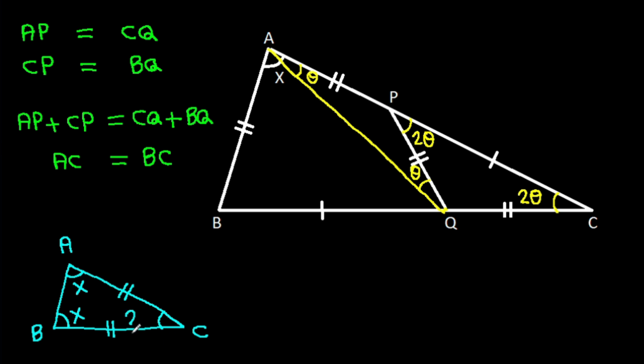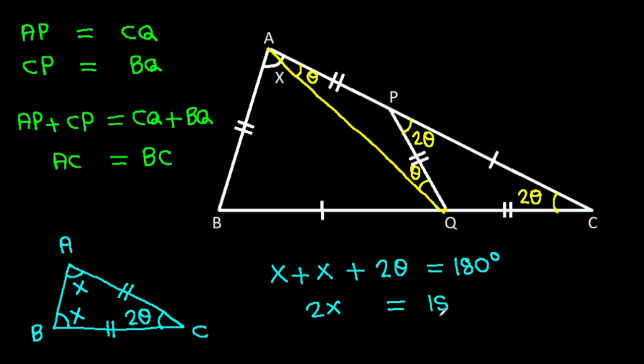And this angle is 2 theta. So X plus 2 theta will be 180 degrees. And 2x will be 180 degrees minus 2 theta.